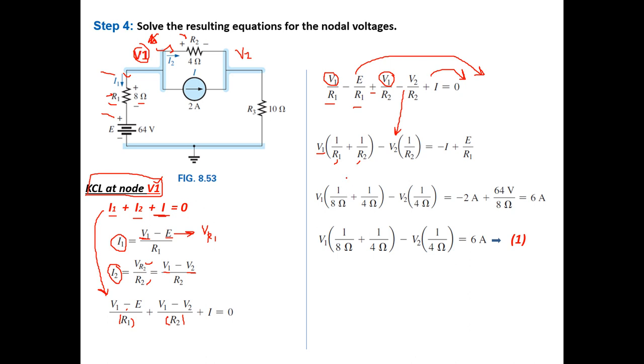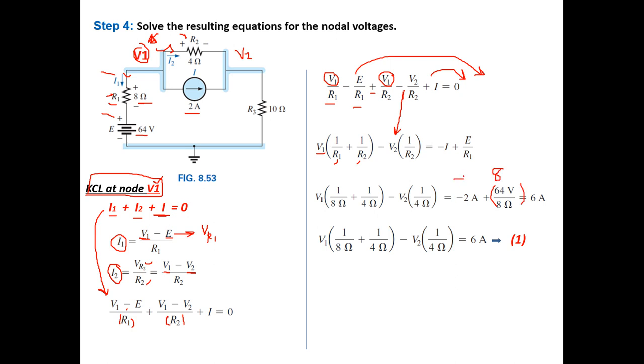So now just put your numbers. We do not know V1, we do not know V2. But we know R1, so 8 ohm. We know R2, 4 ohm. We know R2 here again, 4 ohm. Equal to what? Minus the current source, which is -2, plus E over R1, which is 64 over 8, which is 8.